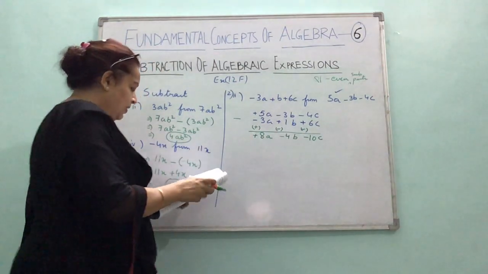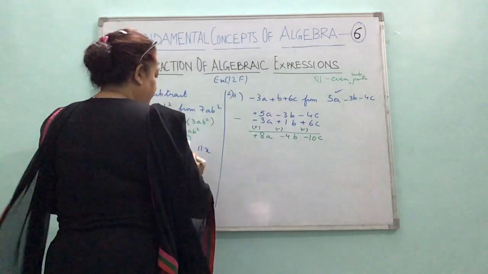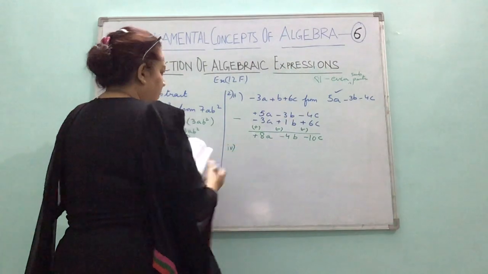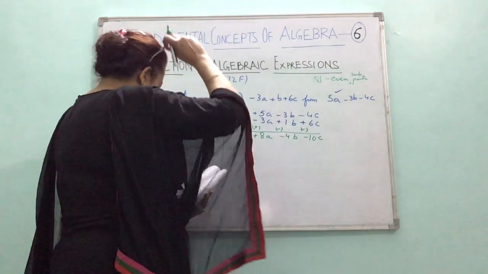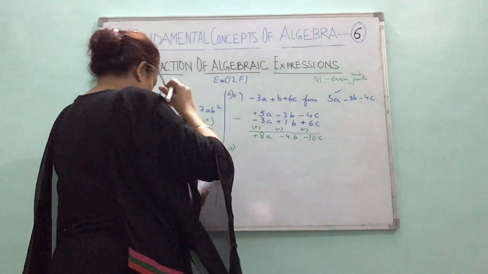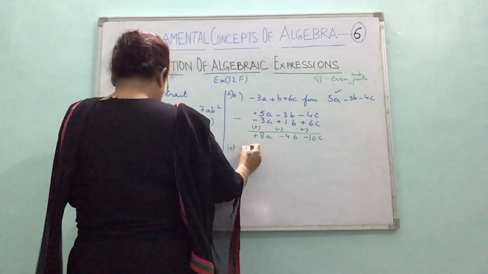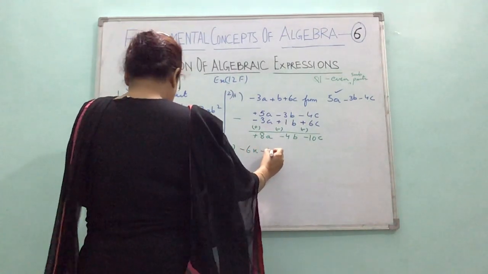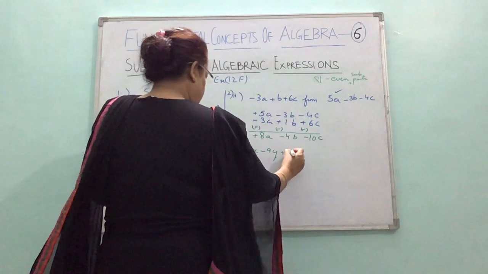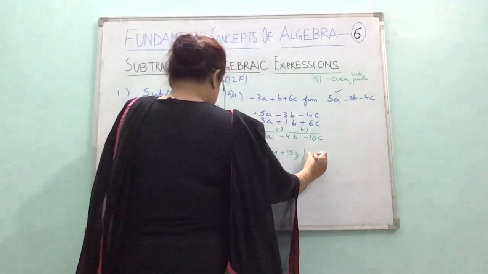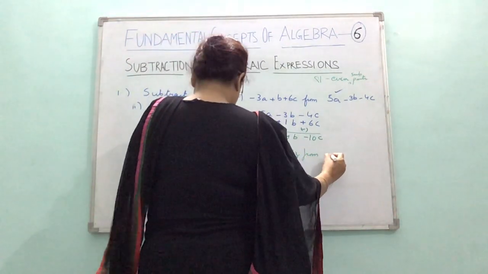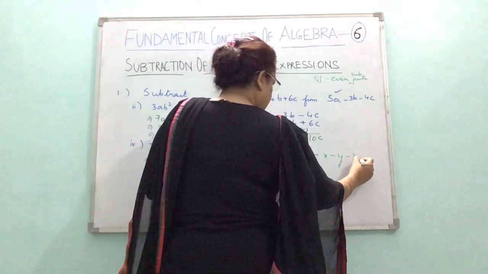I'll take one more question, the fourth subpart. Minus 6x minus 9y plus 15z from x minus y minus 3z.